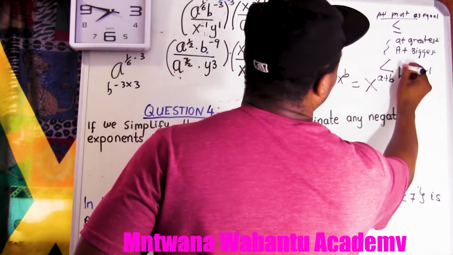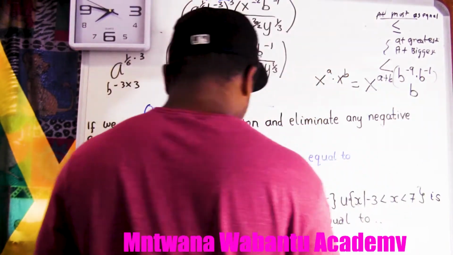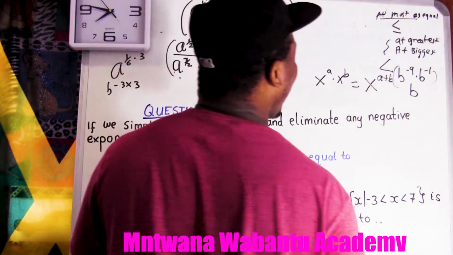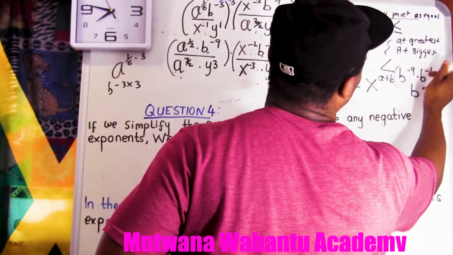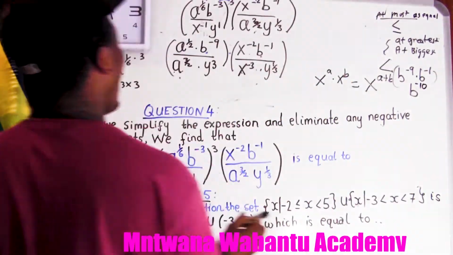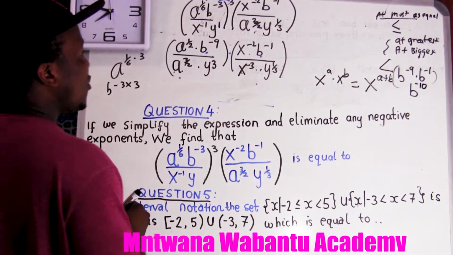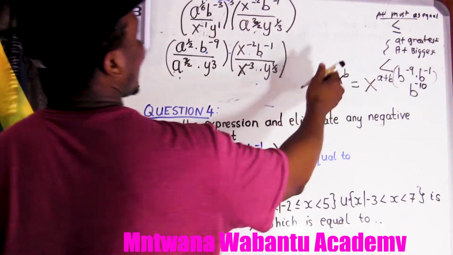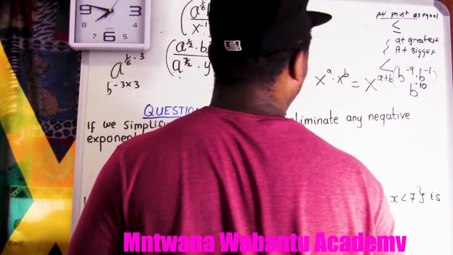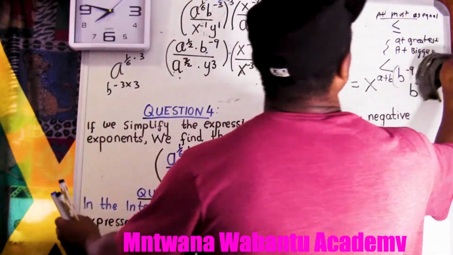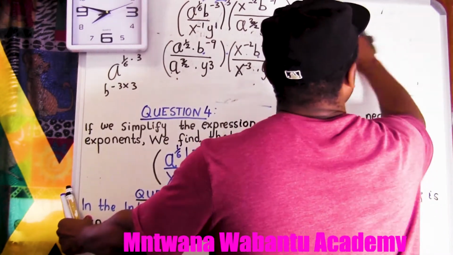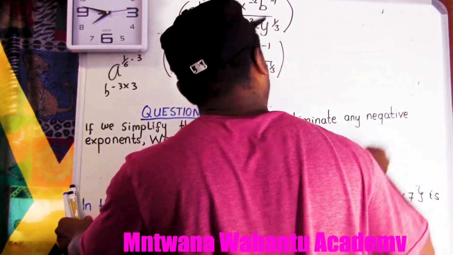The bases are the same, so I can just say b, and then add the powers. Negative 9 plus negative 1 gives me negative 10. So I'm not going to write b again; instead I say b negative 10. So for all those b, they give me b negative 10 on top.